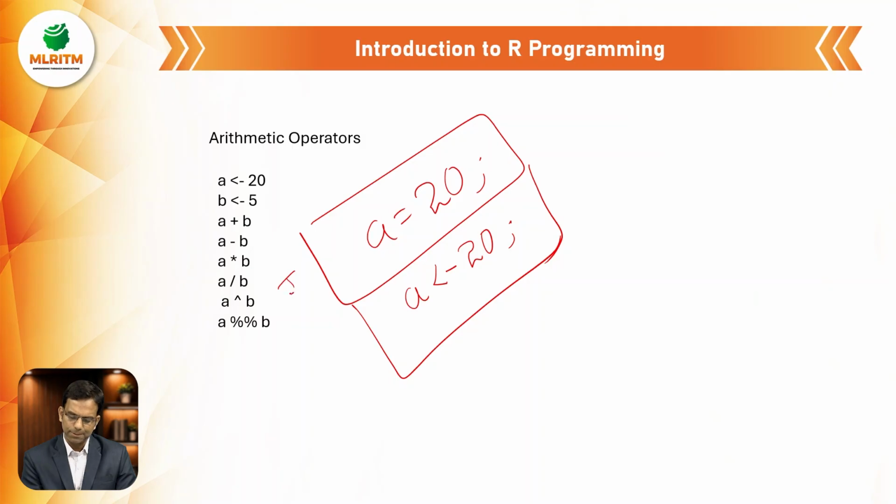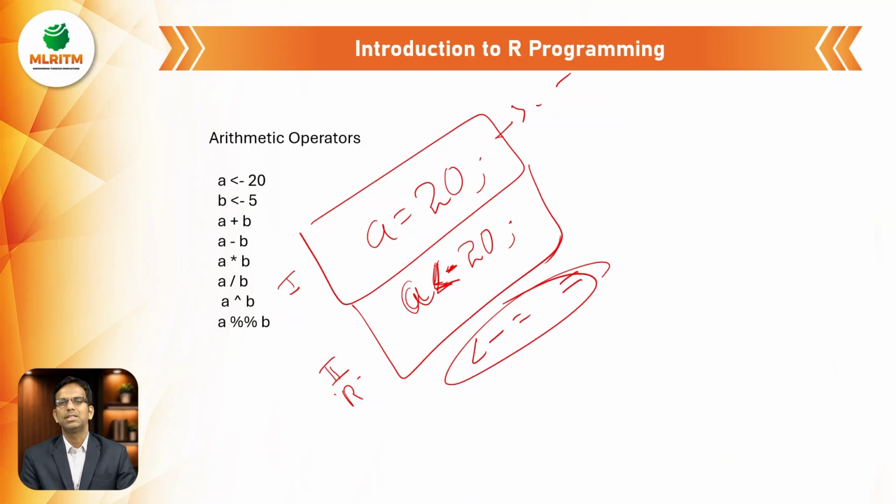In the first case, directly we are writing A is equal to 20. This is normal programming, the normal case. But when you come to R programming, from the data science R programming point of view, we are representing A less than minus, and this less than minus is called equal to. So A less than minus 20, that is called equal to 20.